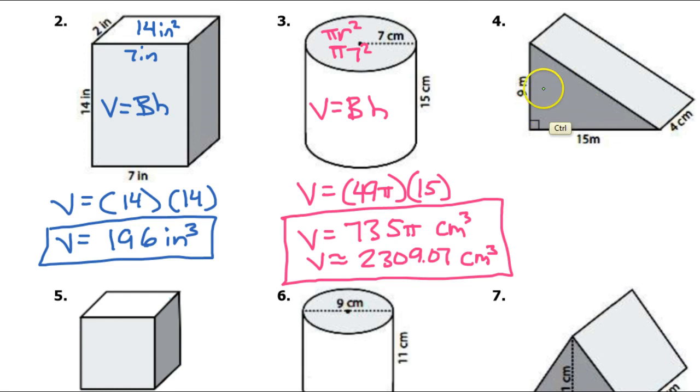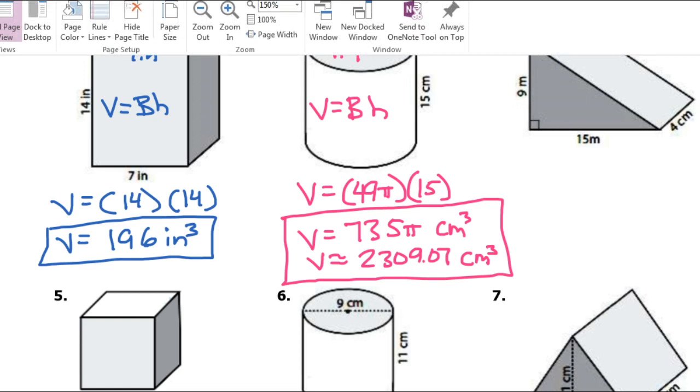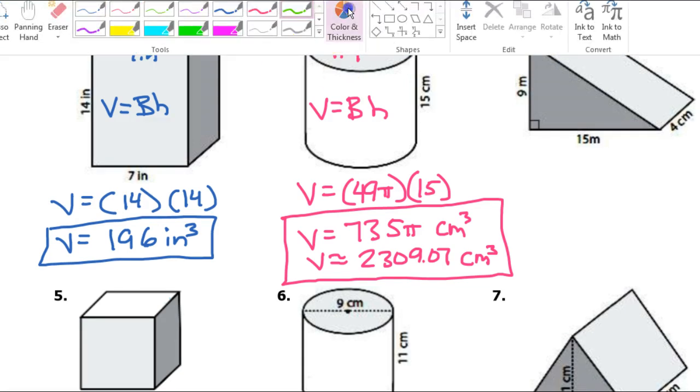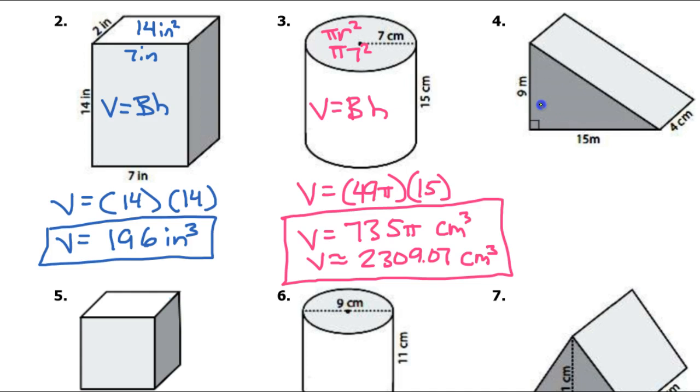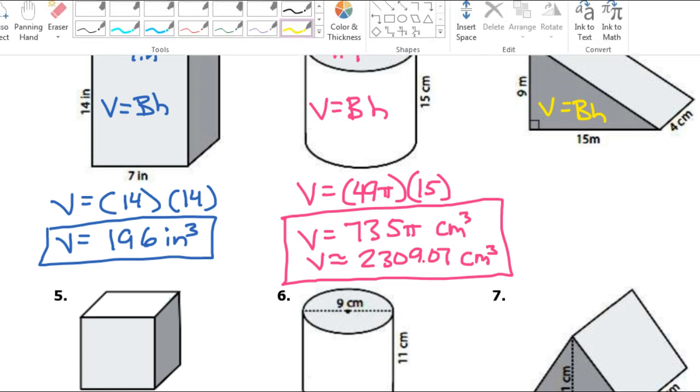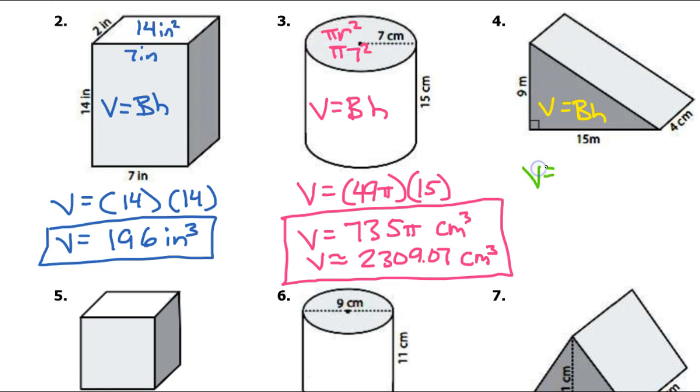This gray triangle is one of the bases. So we know that the volume is going to be the area of the base times the height. Okay, so the area of the base for a triangle is 1/2 base times height.